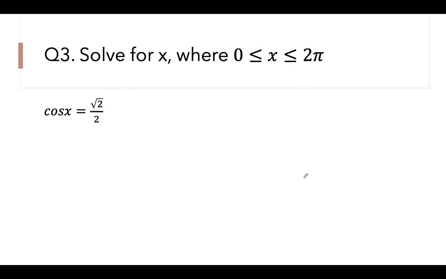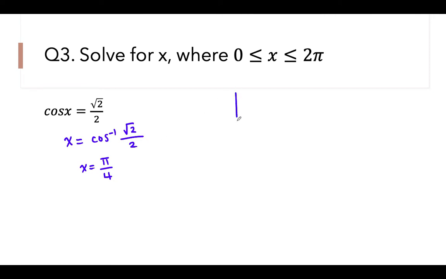Question 3. Again, same thing, solve for x. I do give you a restriction. So it's cosine x equals square root 2 over 2. Using your calculator, I'm going to do x is equal to cosine inverse of square root 2 over 2, and you will get a 45 degree angle, which is pi over 4.